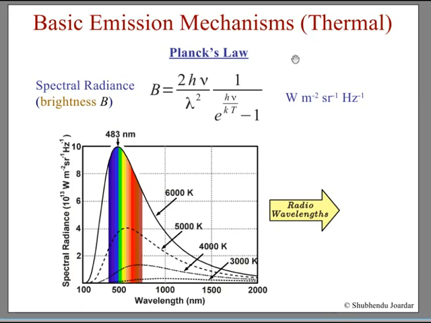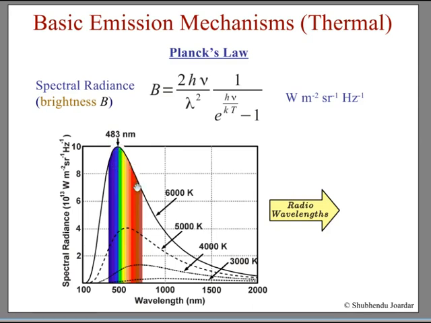So here it is. This is Planck's law. You can see it is marked in wavelengths, nanometers, and this is the visible wavelength. If you heat an object to a certain temperature, then it will radiate following this curve. If you heat an object at 6000 degrees Kelvin, for example, our sun is around 5800 K, it emits white light from the photosphere.